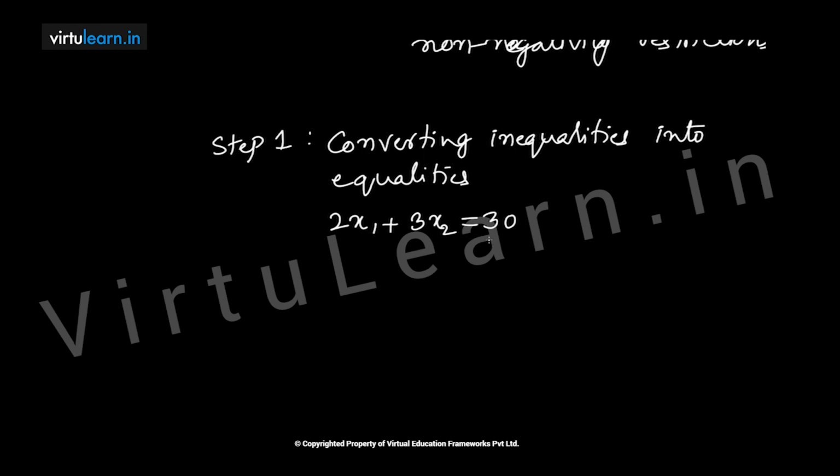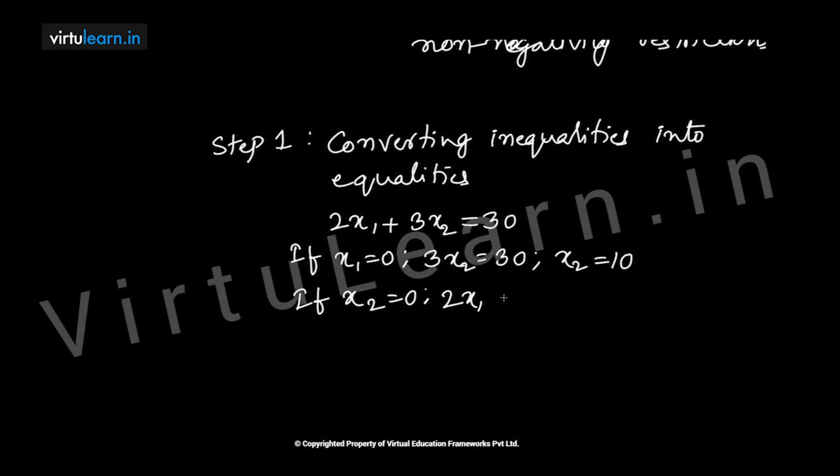So for this constraint, if x1 is equal to 0, 3x2 is equal to 30, that means x2 is equal to 10. And then to find out the x1 value, if x2 is equal to 0, 2x1 is equal to 30, then x1 is equal to 15.